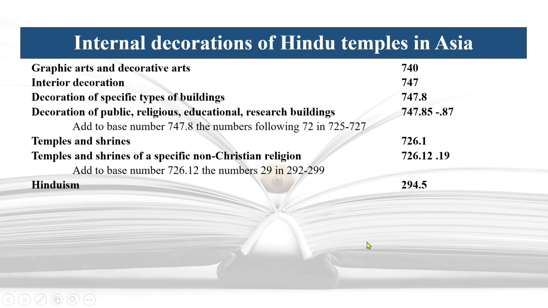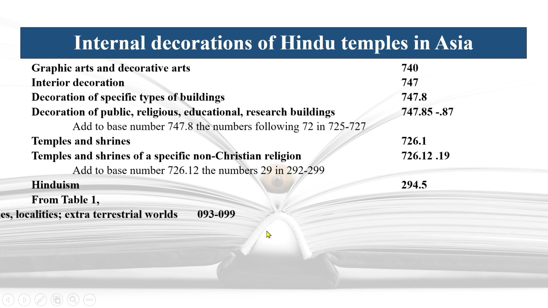Finally, we have to add the number for the geographic location, Asia. But under Hinduism there is no such instruction, and as we have already told you, we cannot use any tables unless there is an instruction. Only Table 1 we can use on its own. So we have to go to Table 1.